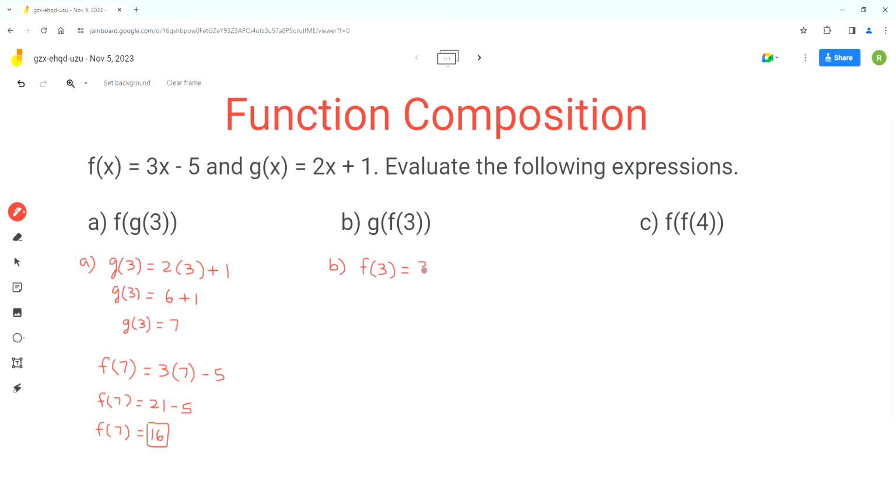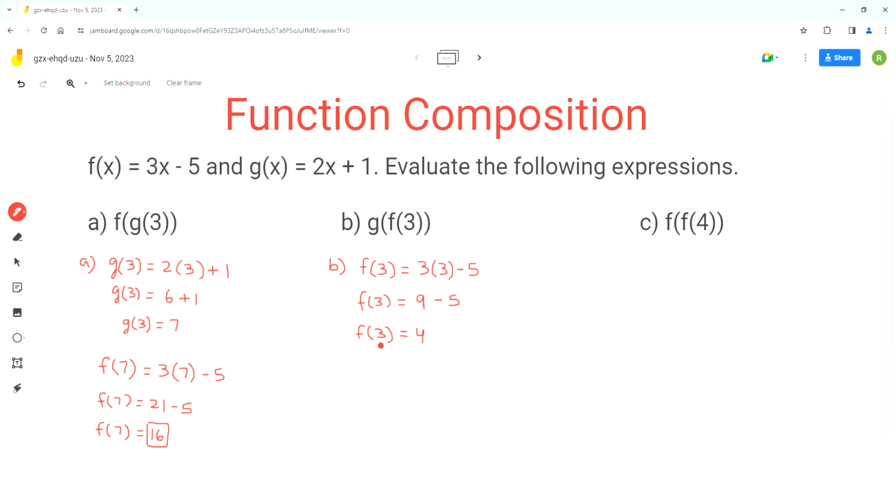So we get 3 times 3 minus 5. We know that 3 times 3 is equal to 9. So we get 9 minus 5, which is equal to 4. So f(3) is equal to 4.